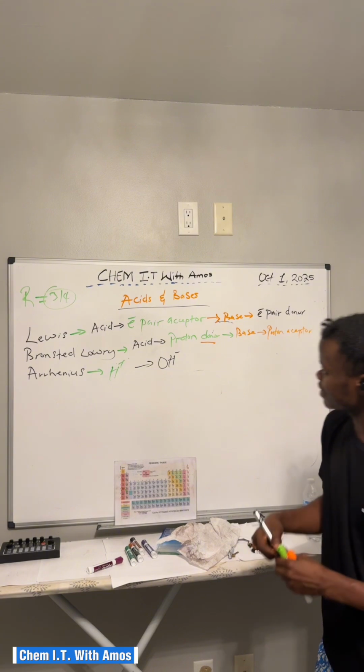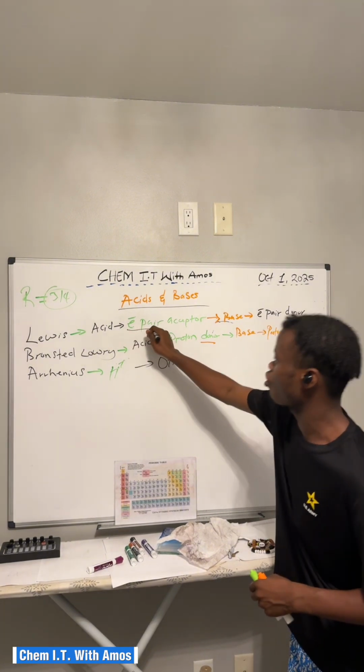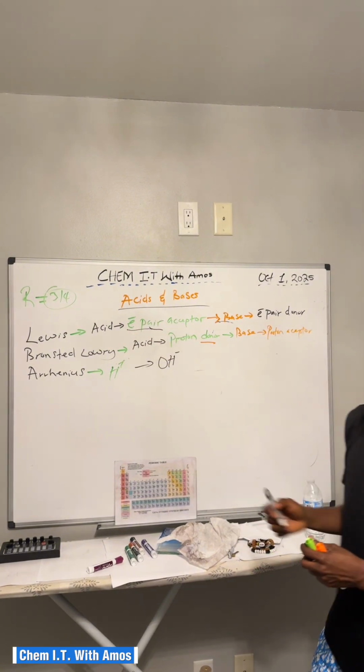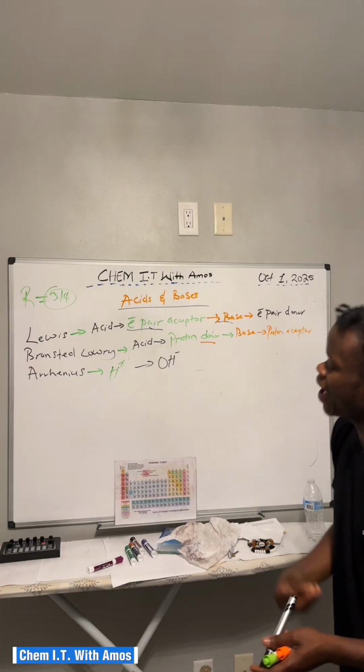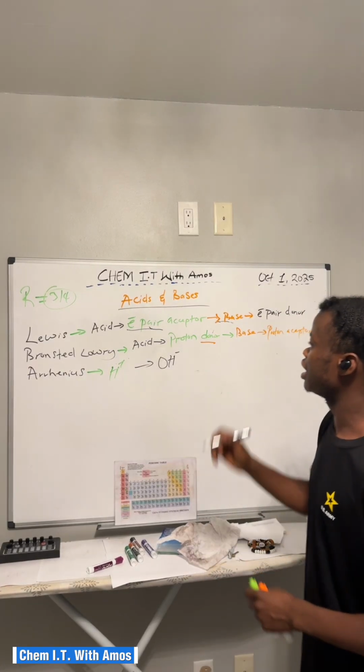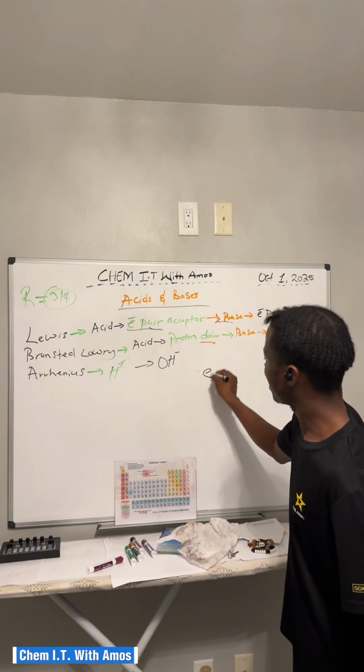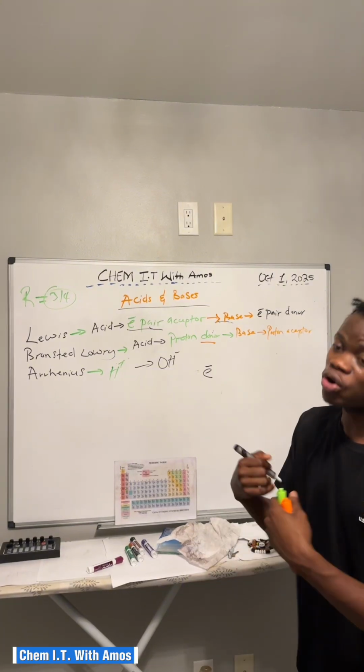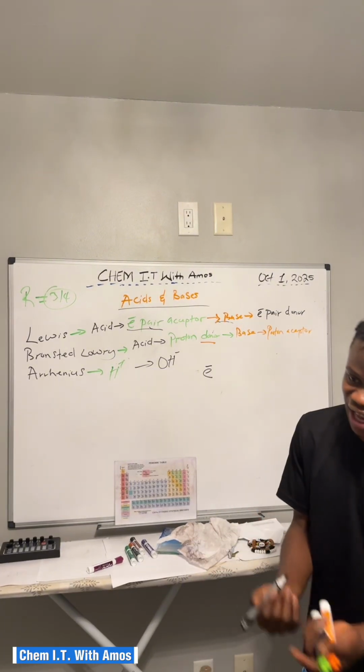If someone says electron pair acceptor, what does that mean? In our previous video, we said that an electron is a species that contains mostly a negative charge.